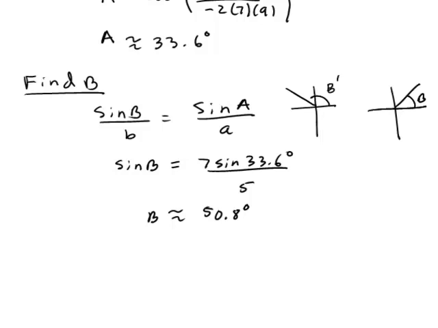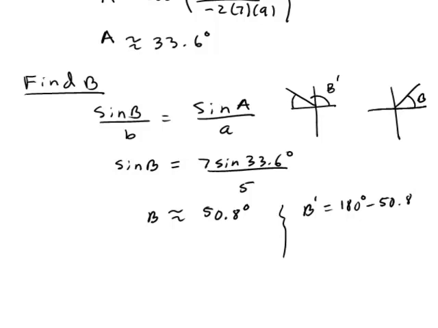Now, since B is not the largest side, there's no way that B can actually be this angle here in quadrant 2, because a triangle can have at most one obtuse angle. So, for example, if I even considered it, let's say B prime equals 180 minus 50.8, because this B here would be my reference, so to find B prime, we take 180 minus the reference.